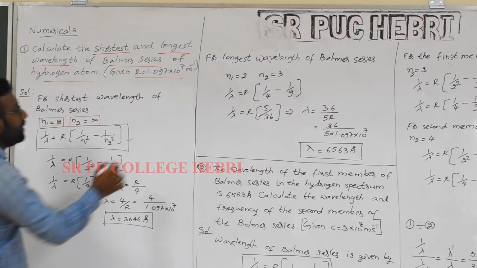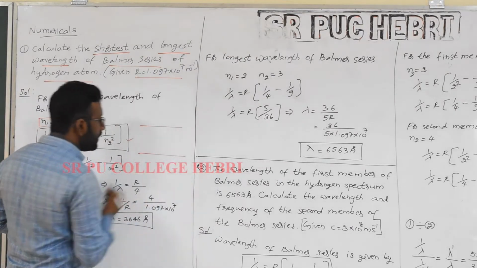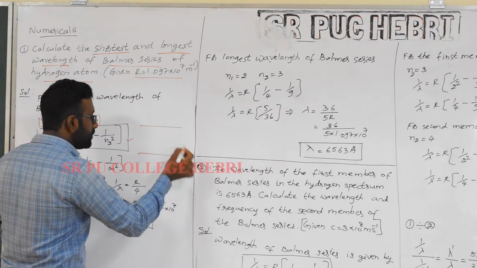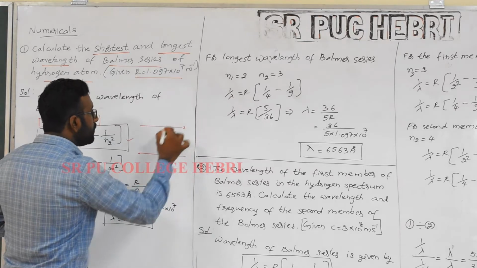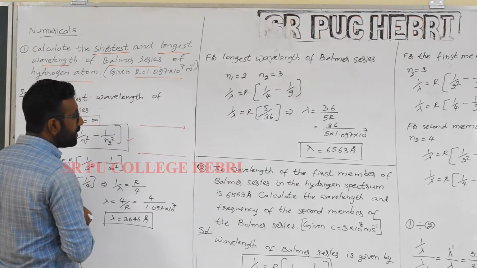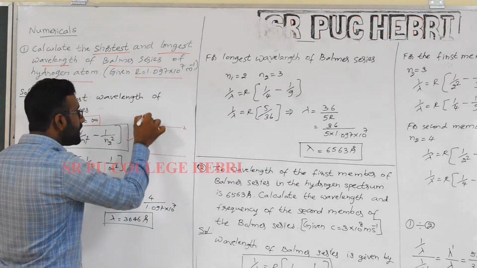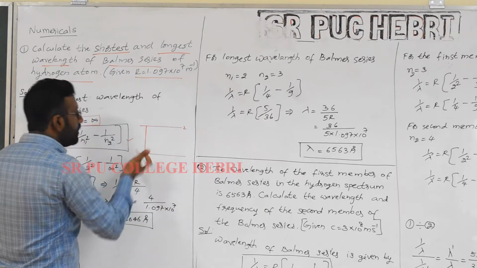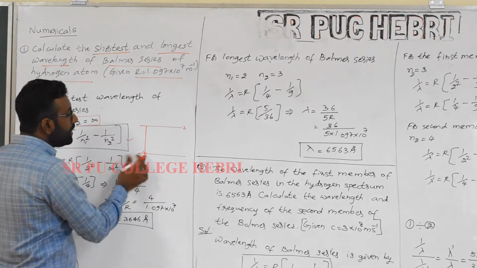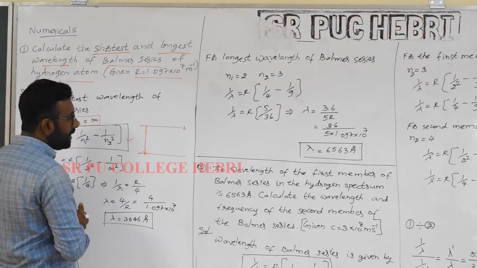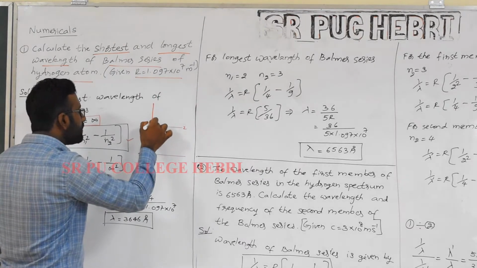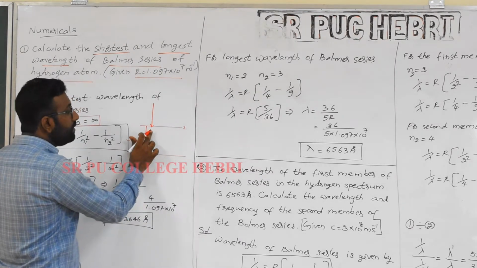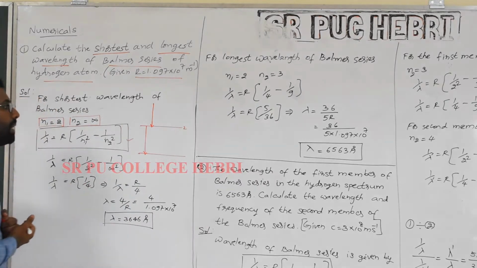We have seen this diagram. This is the first one, the ground state, then the second one, the third one, like that it goes. When all the atoms get de-excited to the first orbit, we have the Lyman series. Similarly, when all the atoms get de-excited to the second level, we have the Balmer series.